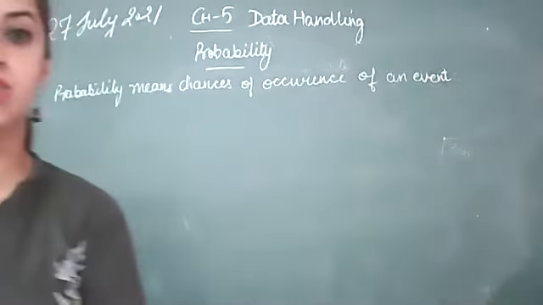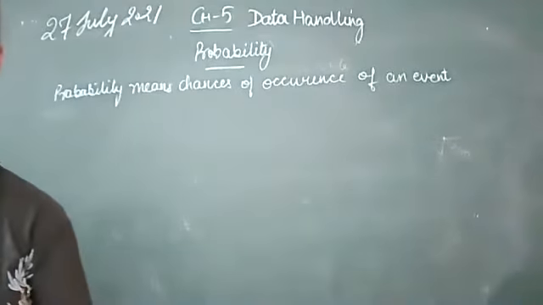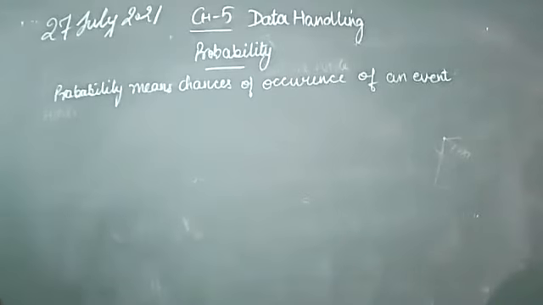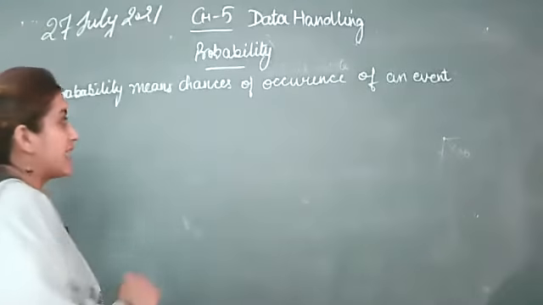Chances of the occurrence of an event. How many chances are there to happen one event? That is known as its probability. Okay. Now, let's consider the example.